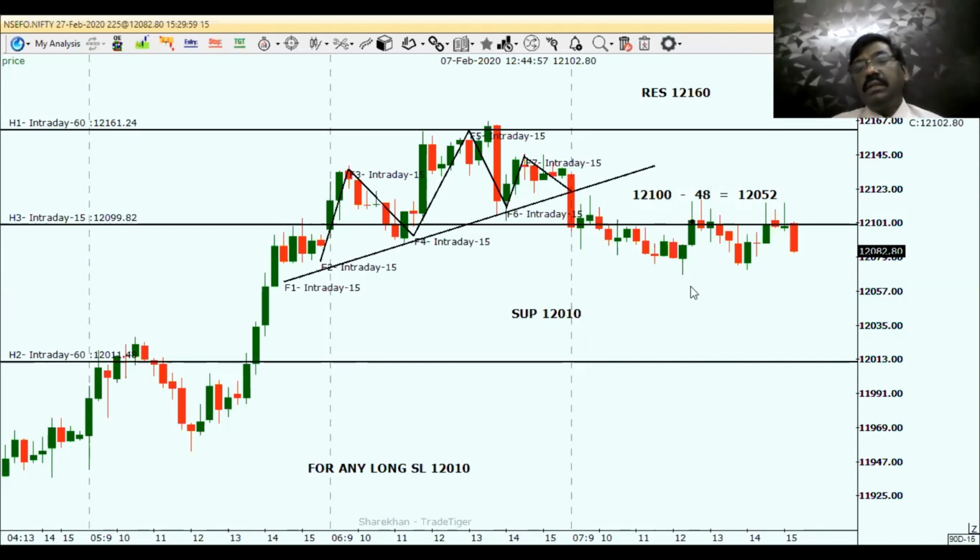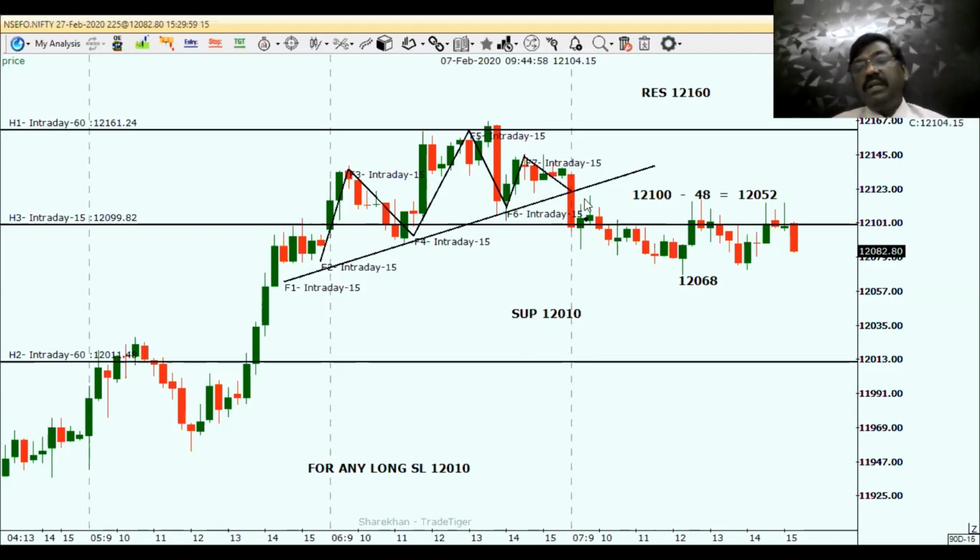Today it hit a low of 12,068. So it came up to 12,068 and then started moving slightly. But the pattern is still intact. If the market falls further, the target could also be achieved. But still, this pattern says there could be a reversal for the next day.